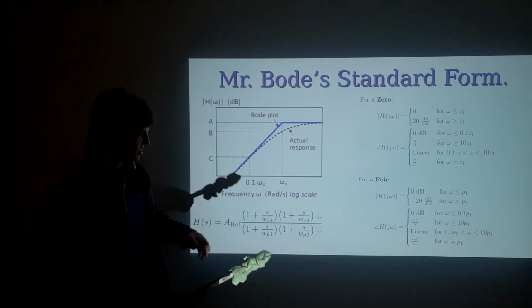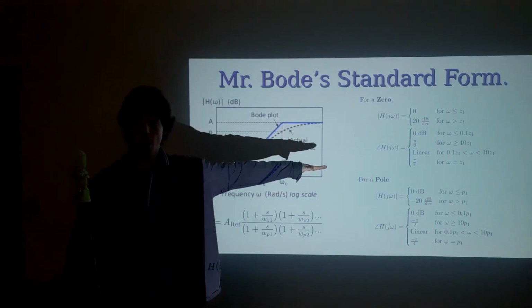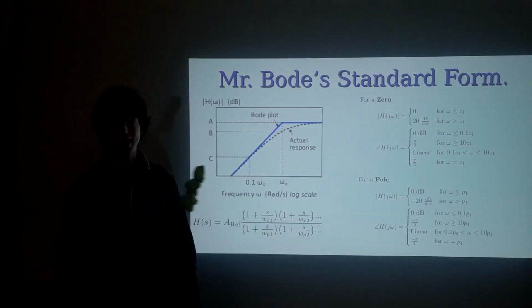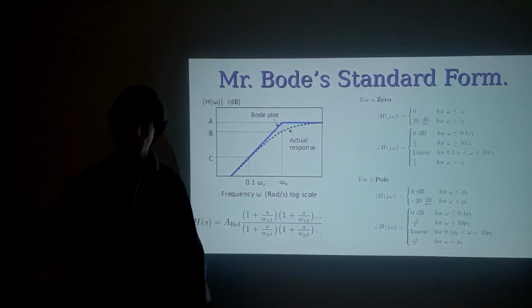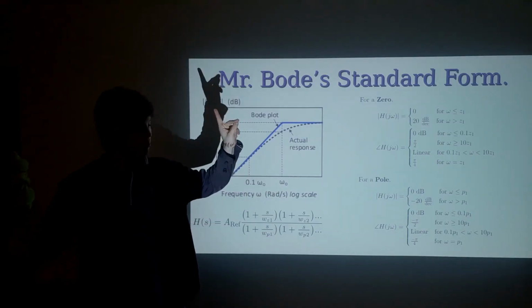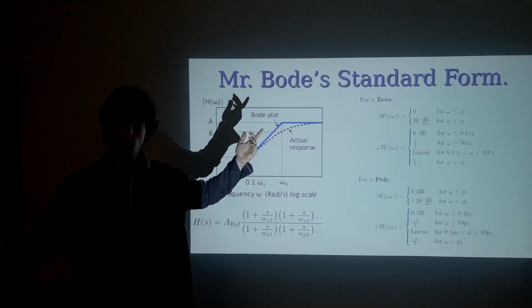And from that we get a Bode plot, which is a bunch of lines at different gradients at different points, and it's an approximation for the actual curve we get. To calculate the actual curve, we'd probably need to solve it numerically with Python or MATLAB or something, which actually isn't that hard to do. It's quite easy to do. I don't know why they're not teaching us that in this course, but they're not, so we'll have to do without it.